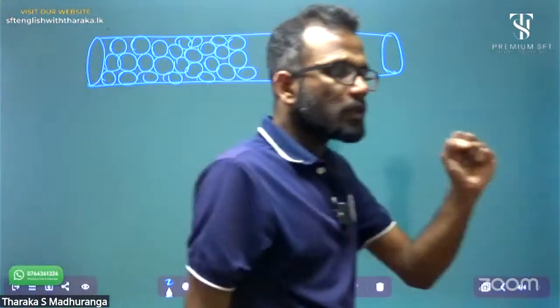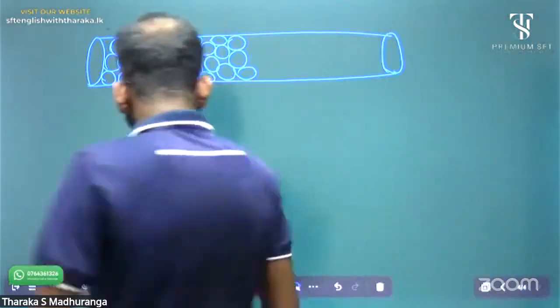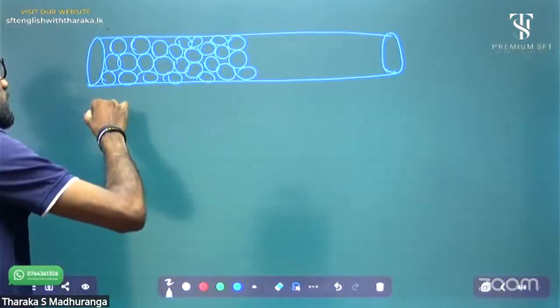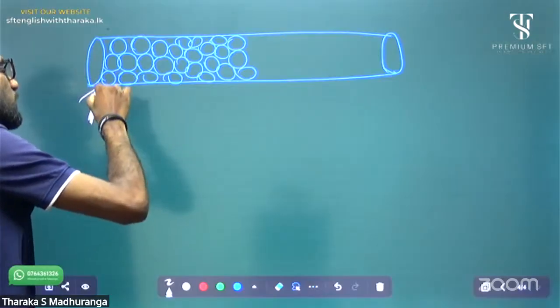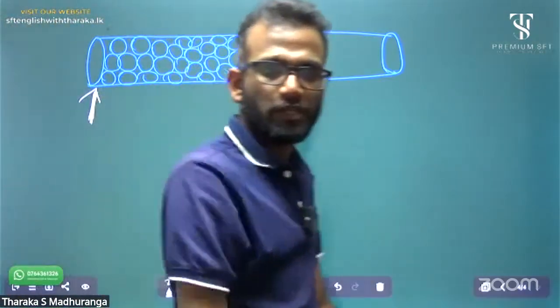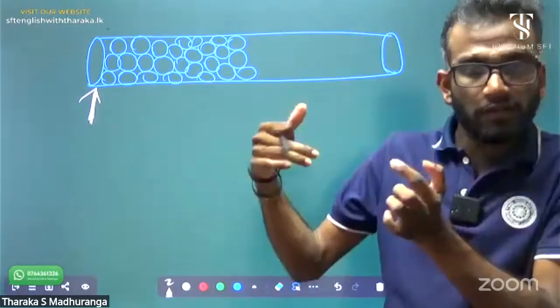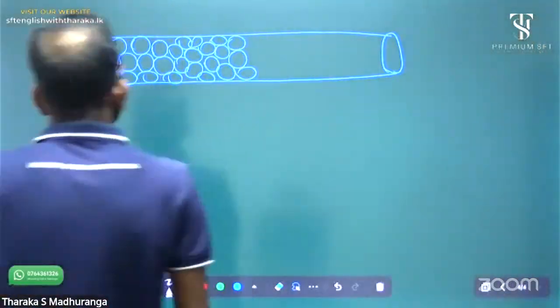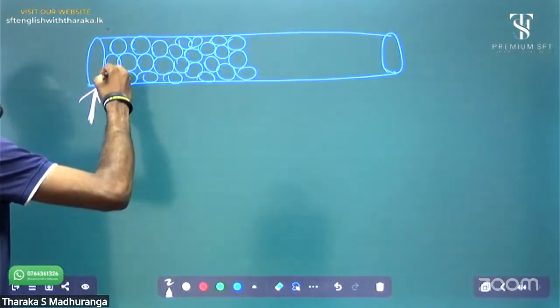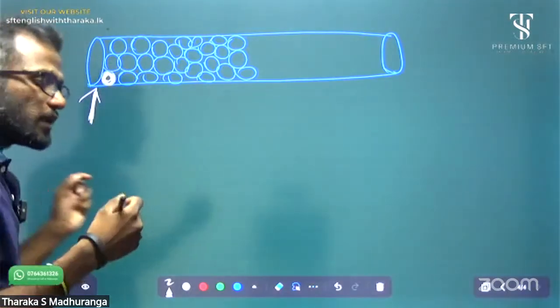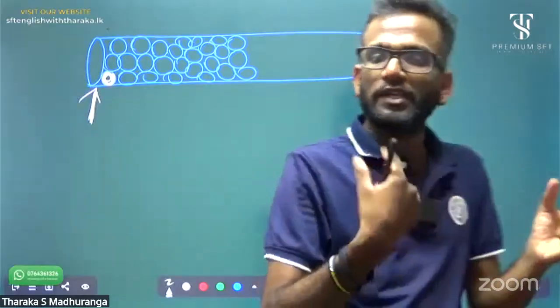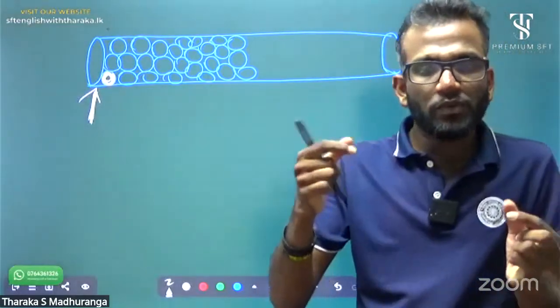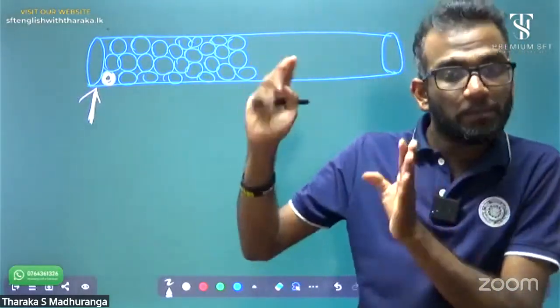Okay. Now what's the meaning of conduction? If we heat one end of this solid metal rod, what happens? The nearest molecules absorb heat and their kinetic energy and vibration increase.